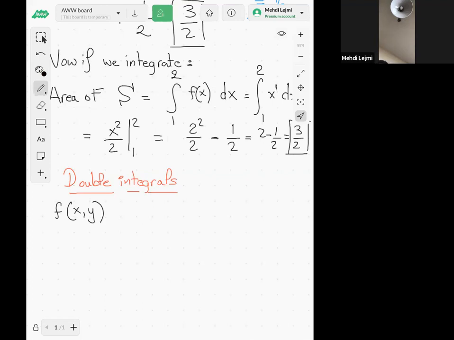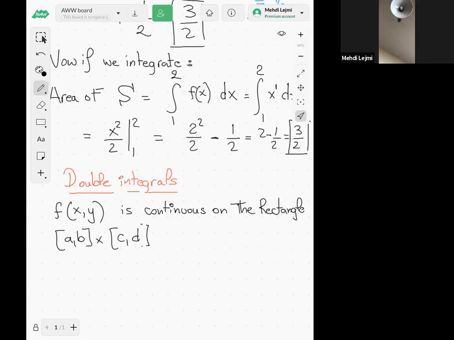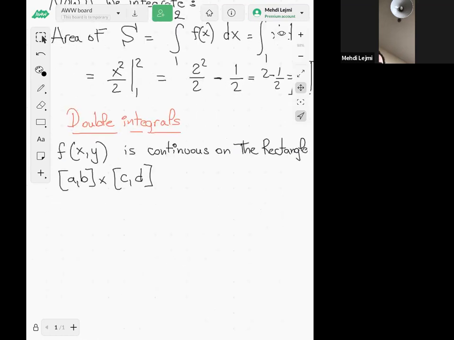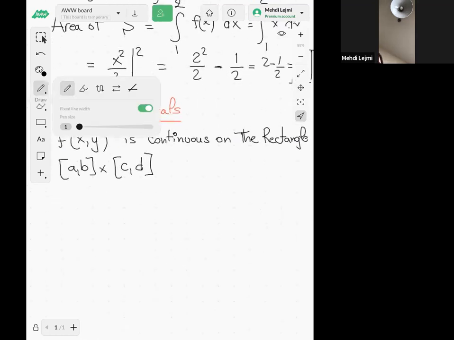Of course, we suppose that this function f of x, y is continuous on the rectangle, let's say AB times CD. So when I say the rectangle AB times CD, here we have 2 variables, x and y.